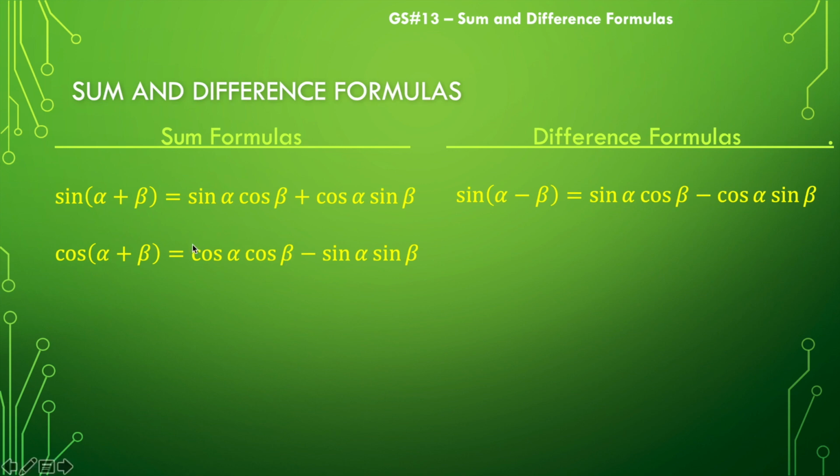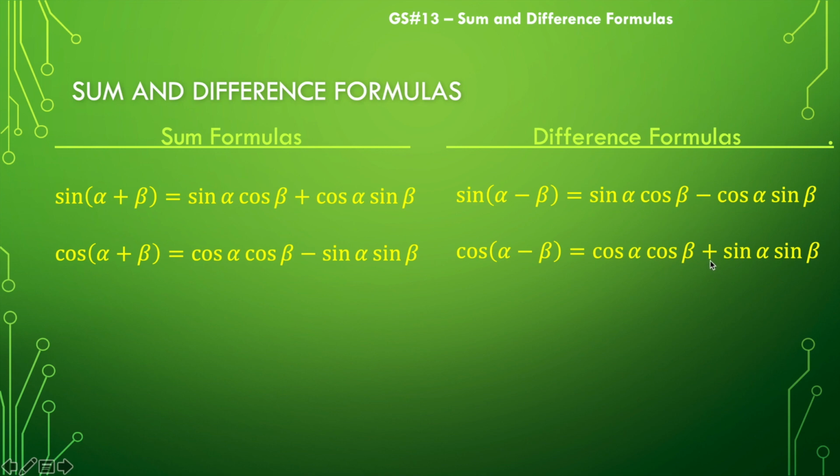Notice here we have the cosines together and the sines together, and the sign, S-I-G-N, is different for cosine. Now if we look at the difference formula, it is the same exact thing except the signs reverse. We're subtracting two angle measures, and between the two expressions we are adding.